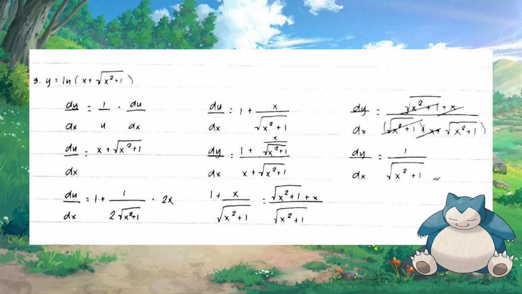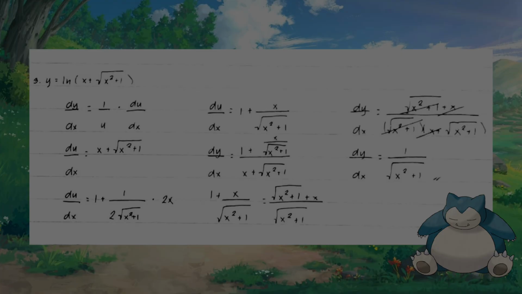Kaya pwede siya ma-cancel out. Kaya maka-cancel out yung square root of x squared plus 1, pati yung x sa numerator and sa denominator. Kaya yung matitira na lang sa dy dx natin ay 1 over square root of x squared plus 1.